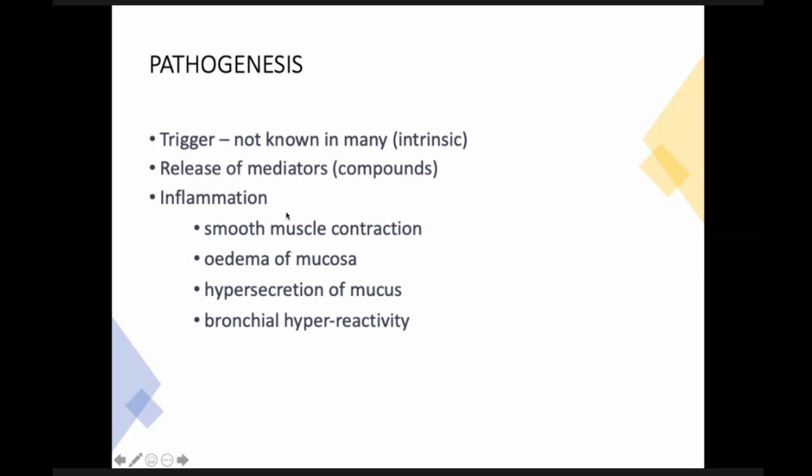So the result of these three, that is smooth muscle contraction, mucosal edema, and hypersecretion of the mucus, is narrowing of the airflow. When the airflow is narrowed, the airways are narrowed. When the airflow is limited, there's increased resistance to breathing and it causes breathlessness.